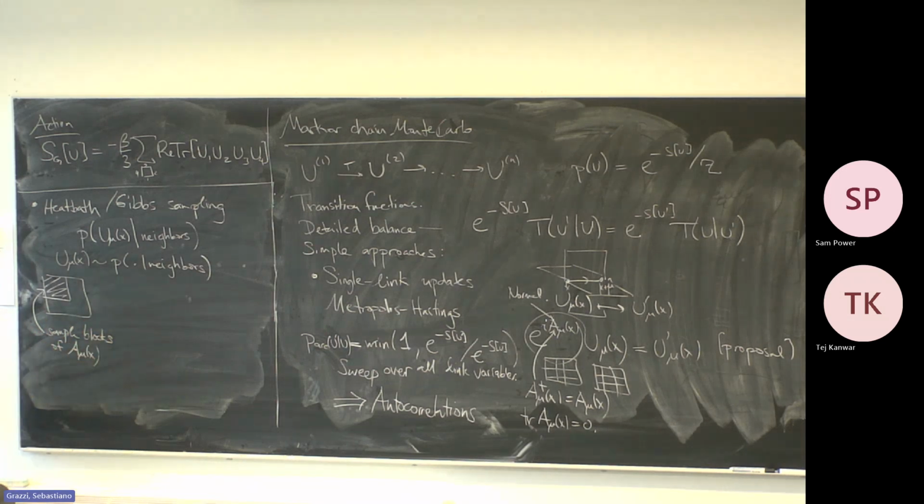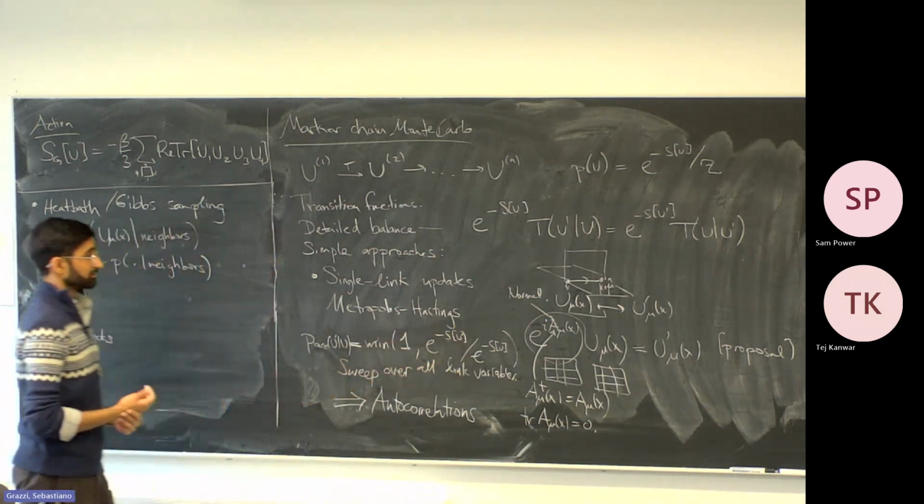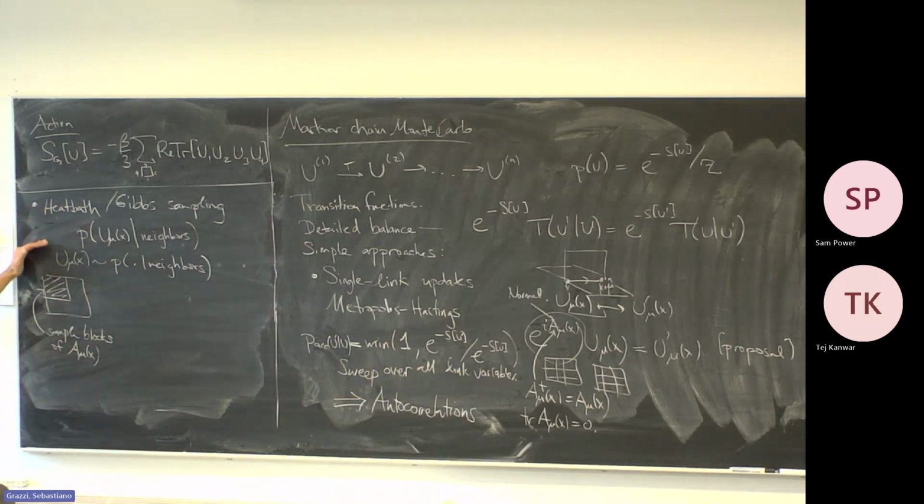And so your proposal then is not a symmetric one, but rather is one that's tuned to automatically prefer the distribution according to the action. So this sort of proposal does not require an acceptance or rejection step.